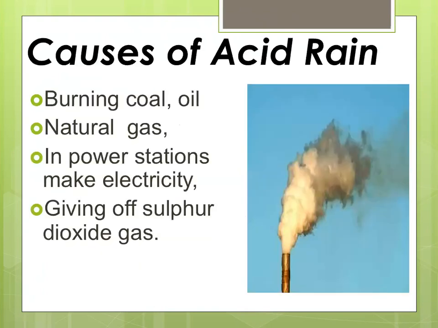So the major causes of acid rain are burning of coal, oil, and natural gas in most of the power stations that make electricity. They release sulfur dioxide gas directly, without any treatment, into our atmosphere.